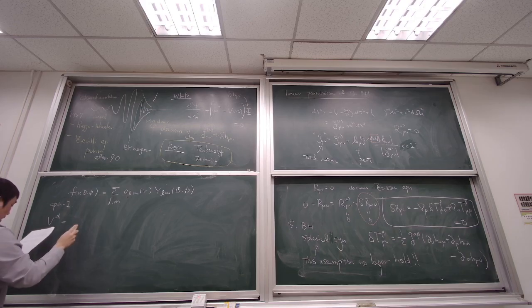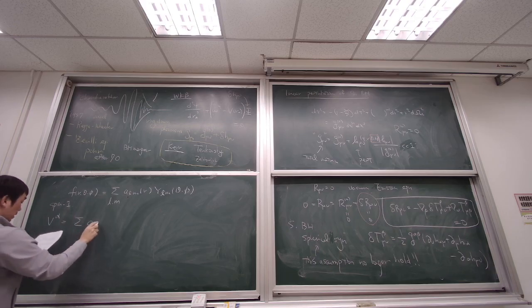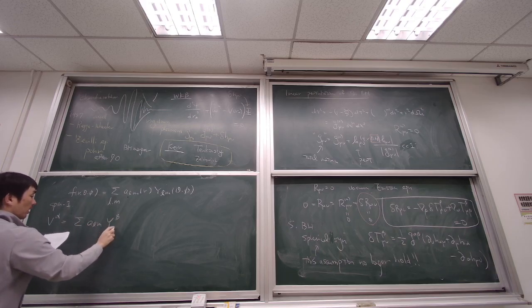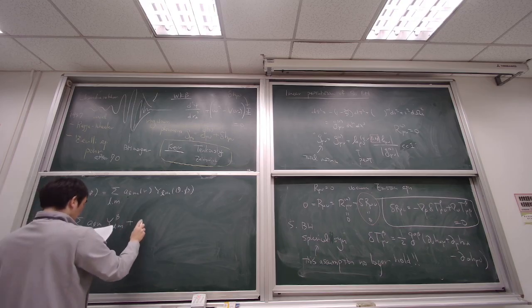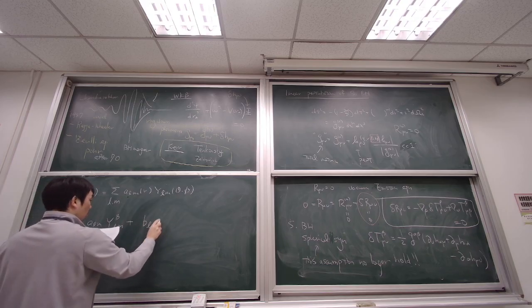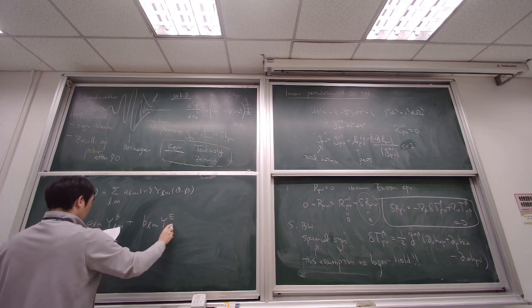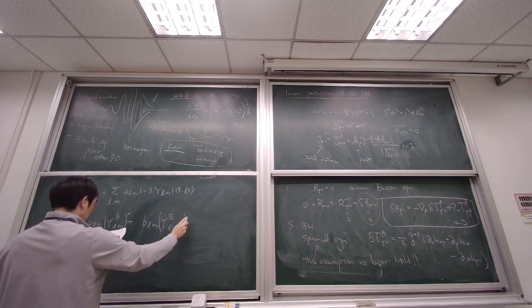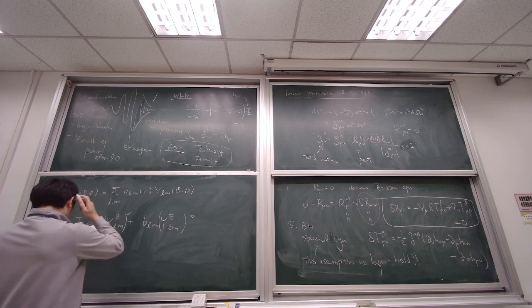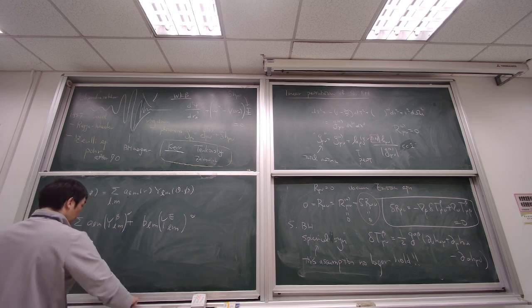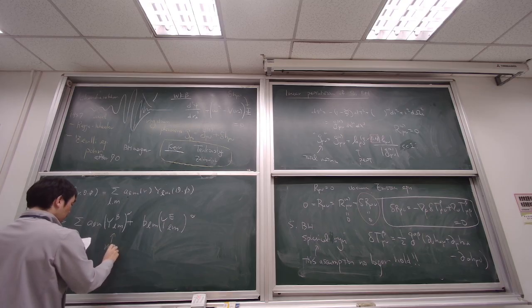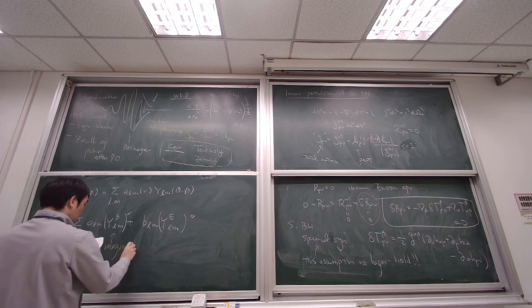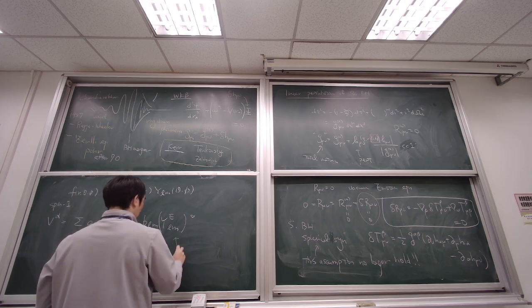For spin 1, we have the following decomposition: sum over LM of A_LM Y^B_LM plus B_LM Y^E_LM, and this has the index alpha. This one is magnetic, and this is the electric.